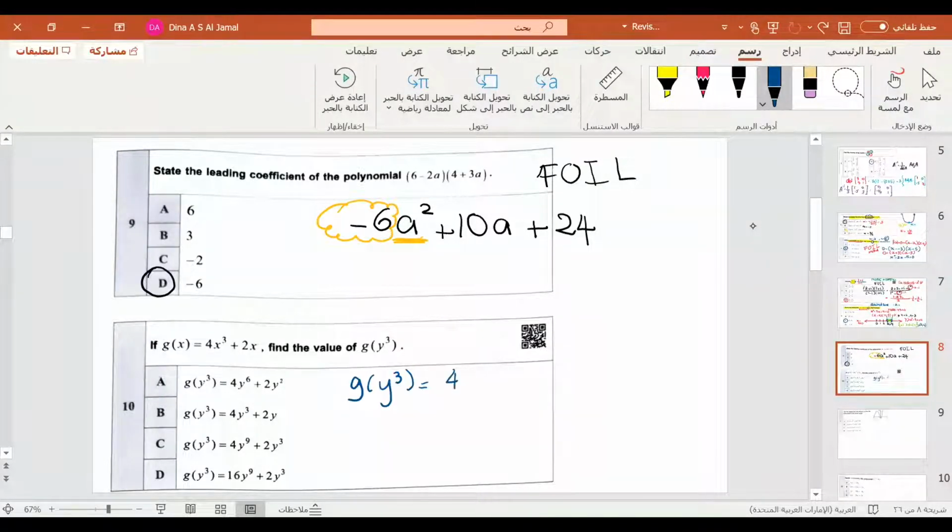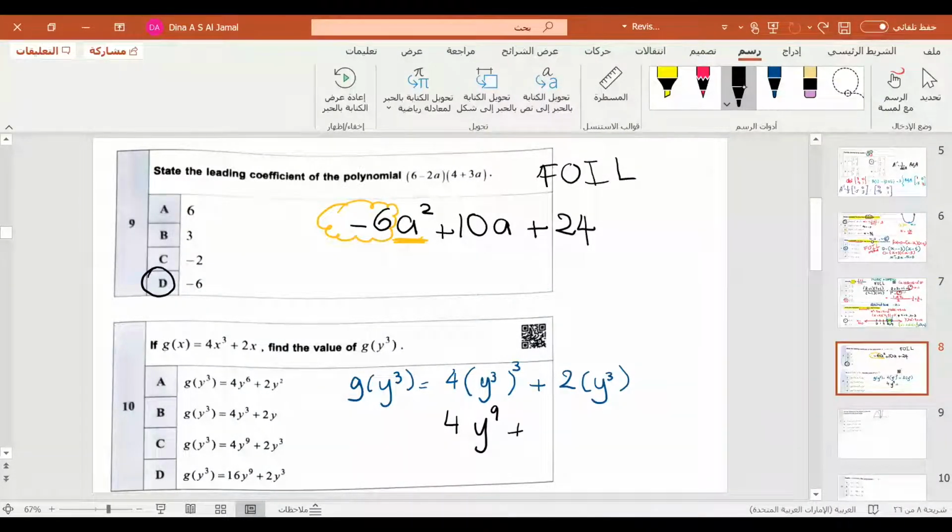That means you will remove each x and put y cubed here and there. Then it will be 4 y to the power 9 plus 2 multiplied by y to the power of 3. And this will be your answer C.